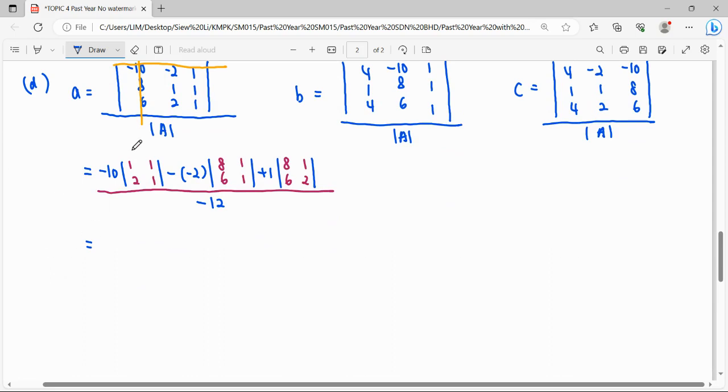So simplify this, AD minus BC, plus 2 times 8 minus 6, and so 16 minus 6, divided by -12. So in total we have -2.